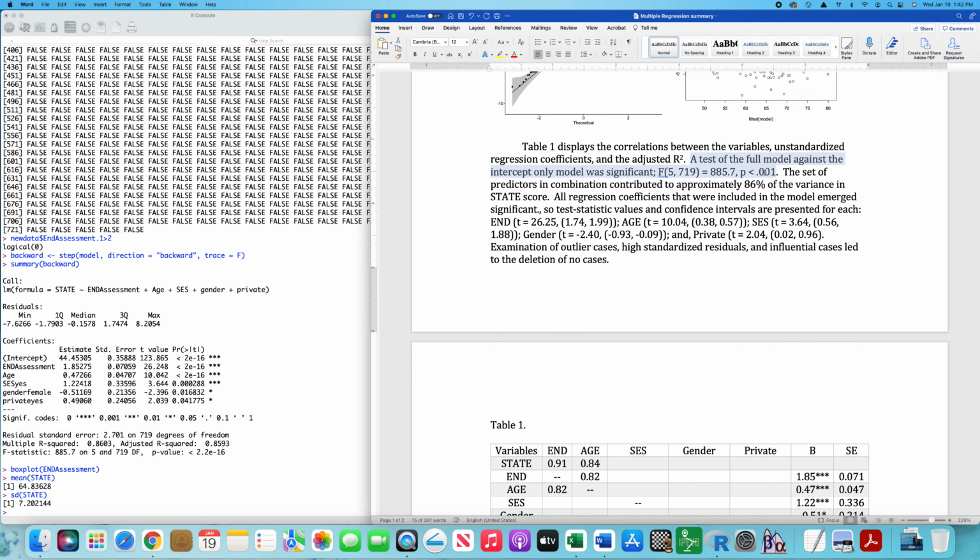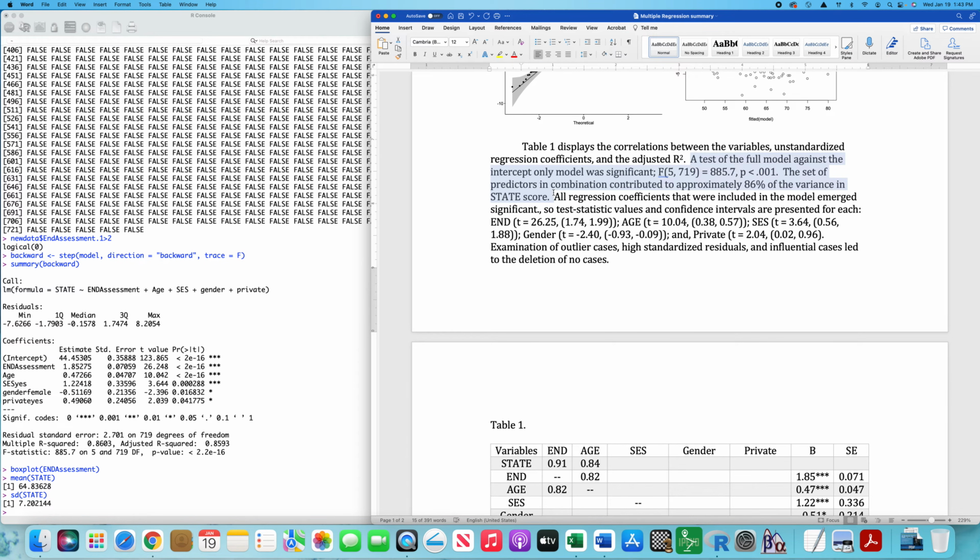The next thing I do is I come in and get my model diagnostic. So the full model against the intercept only was statistically significant. We've talked about that in previous videos.